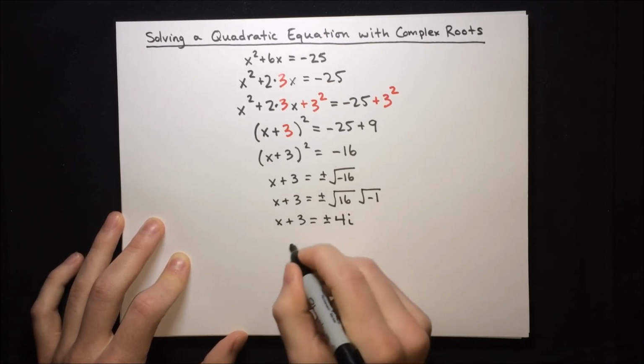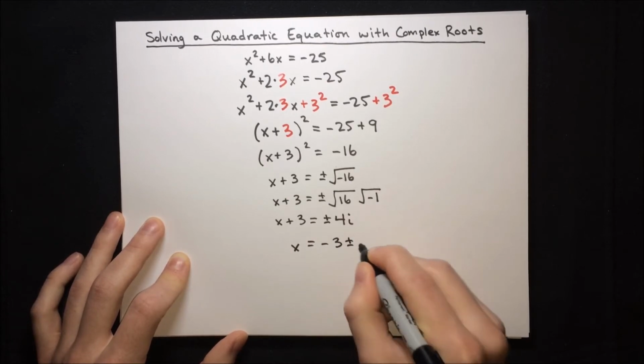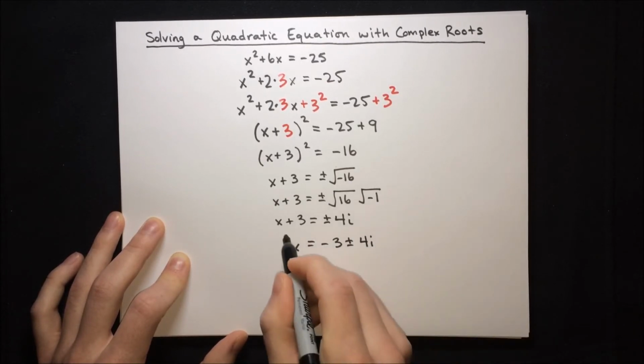So now we just subtract 3 to get x alone, so x equals negative 3 plus or minus 4i.